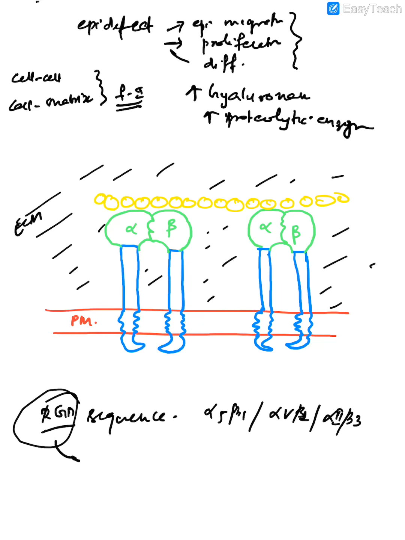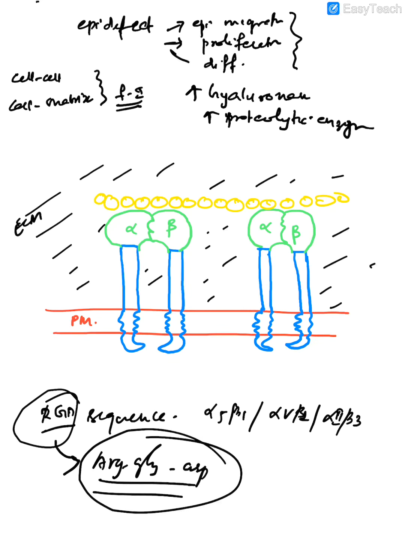RGD sequence means arginine, glycine and aspartate. Where this sequence is there, the interaction occurs. So it is mediated by the RGD sequence in the fibronectin.